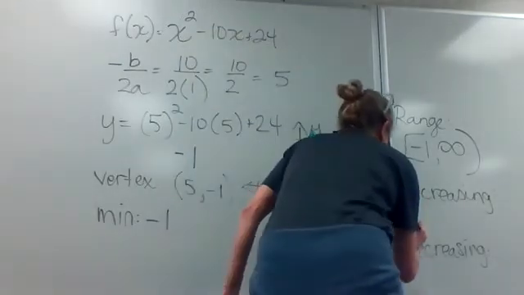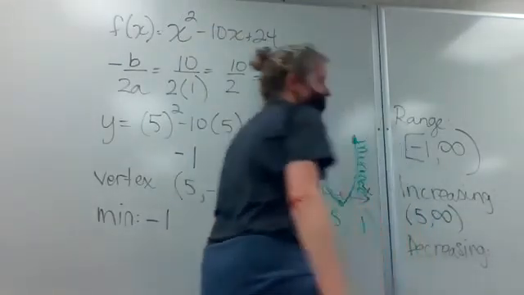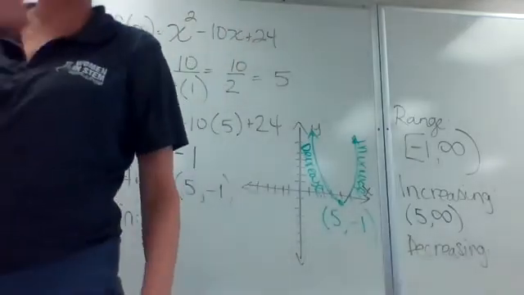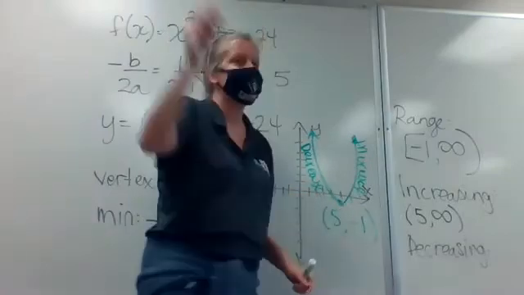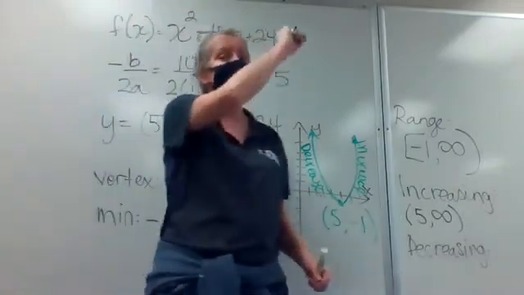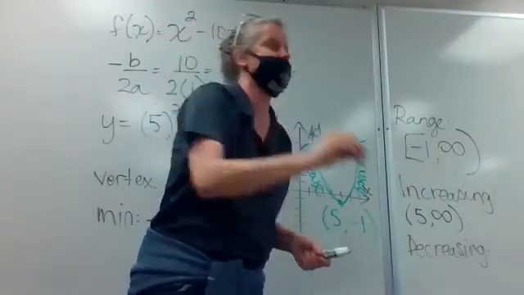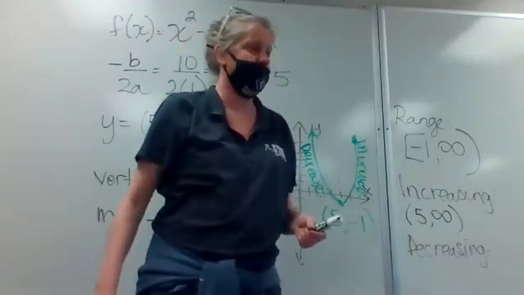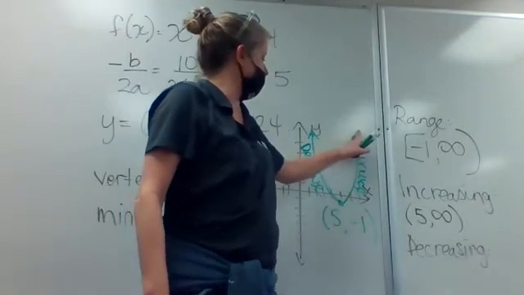And how am I increasing, until infinity? That 5 does have a parenthesis around it, because at this point, you're not increasing or decreasing, right? That's the one point that you're not doing either one. It's where the change happens. So you're increasing, starting at 5 to infinity.